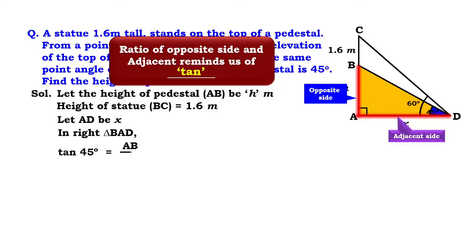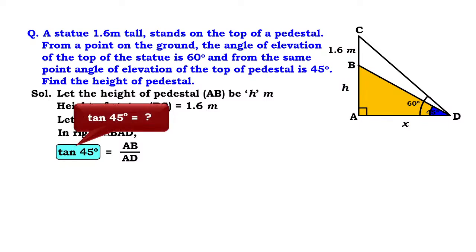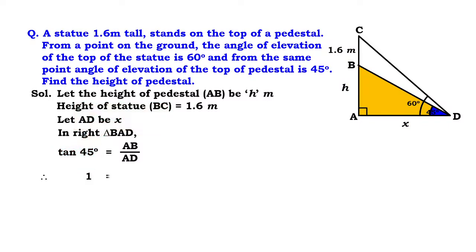So tan 45 is equal to AB by AD. What is the value of tan 45? 1. So 1 is equal to AB divided by AD, or AB is also written as H. So can I say X is equal to H? What does it mean? The height of the pedestal is equal to the distance the observer is standing. Correct? So keep this in mind.